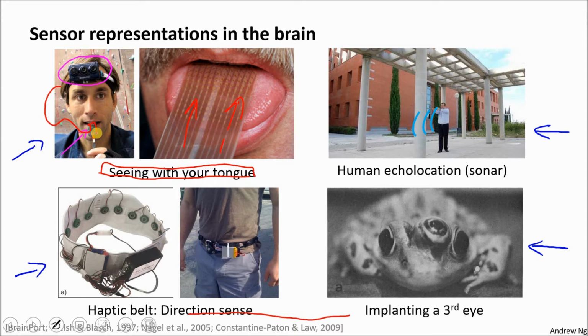Similarly, there were other experiments, like some devices that can give humans the feeling of a sonar. The sound wave that comes back after reflection, they can feel it. And they also provided some sort of belt that can give the feeling about directions for blind people.